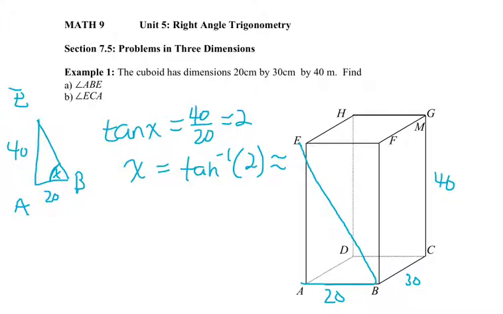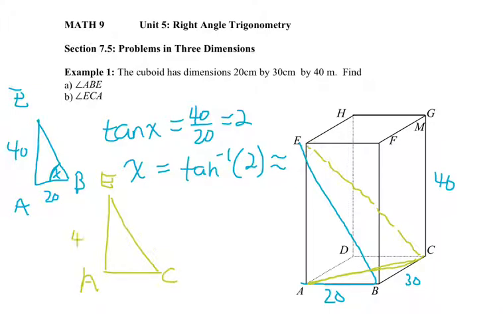All right, and then we also want to know angle ECA. Well, angle ECA, that's this diagonal that goes through the box, and then this hypotenuse on the bottom. So first we're going to have to find that hypotenuse. So if I draw that separate right triangle, I have EAC.